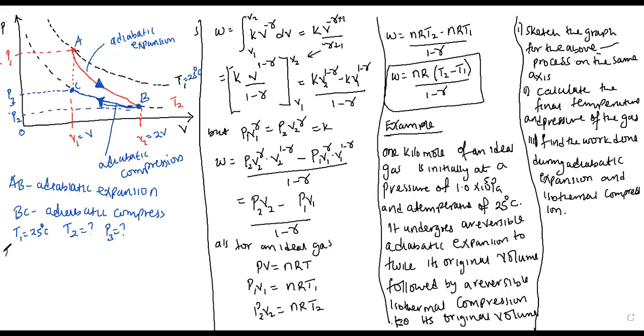But this T1 is the same as 25 plus 273. When you add, you get 298 Kelvin. Pressure P1 is 1.2 times 10 to the power 5 pascals. Then V1 was V, while V2 has been doubled to 2V.